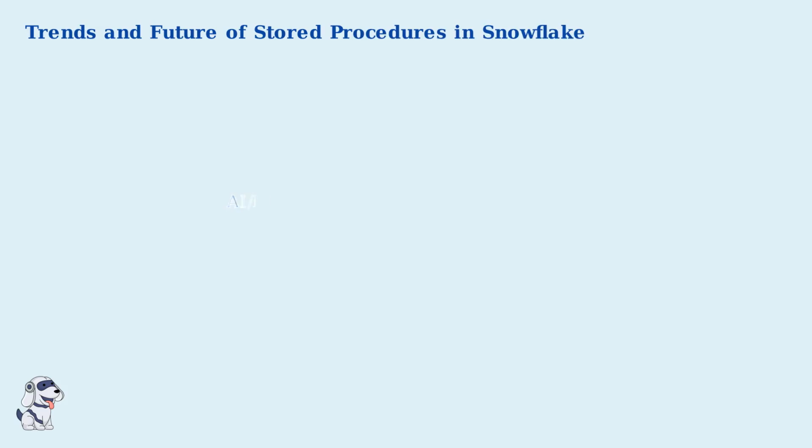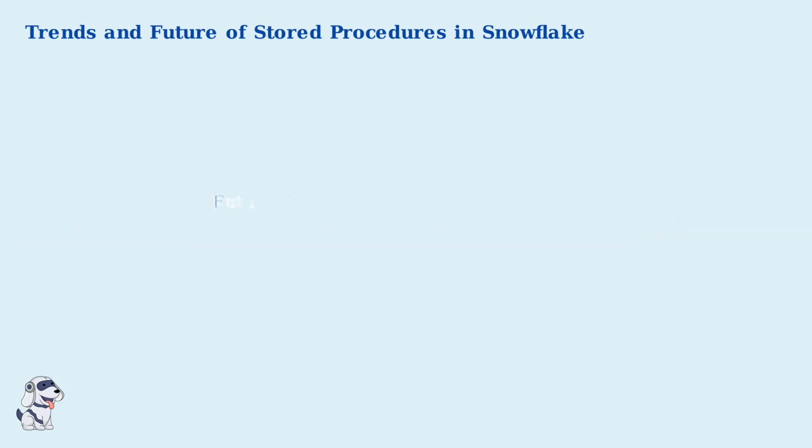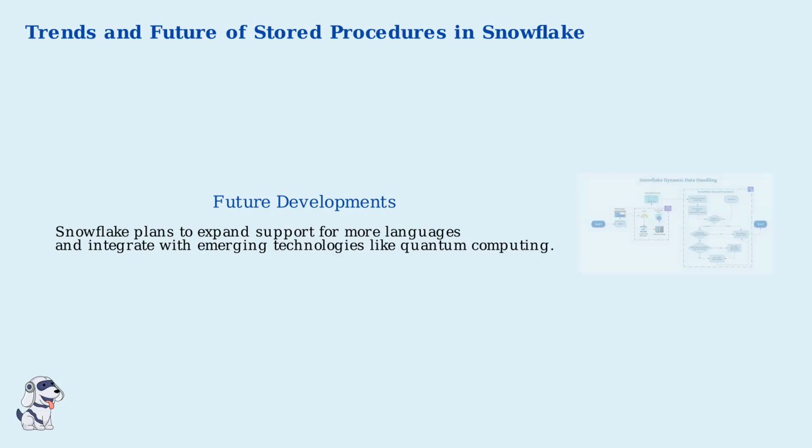The integration of AI/ML is a significant trend in stored procedures. They are increasingly used for automated machine learning pipelines, with Snowpark enabling direct calls to popular libraries like scikit-learn within procedures. Looking ahead, Snowflake plans to expand support for more programming languages and integrate with emerging technologies, such as quantum computing simulations and real-time streaming via Kafka.